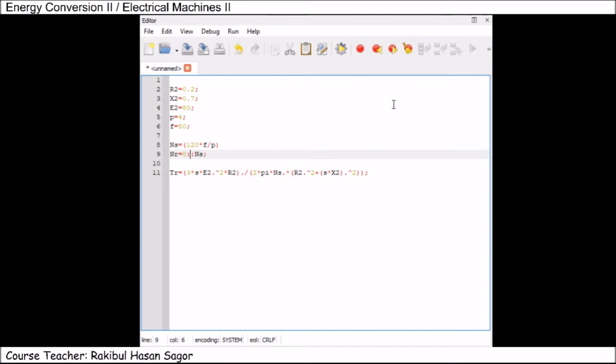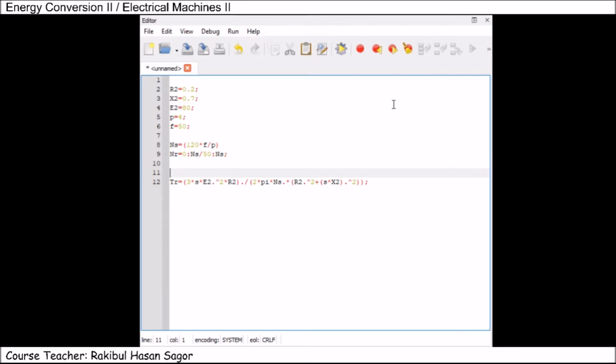So in between we need to write the increment. Let's take 50 steps from 0 to NS, so we may divide it by 50, and the value of NR is defined.